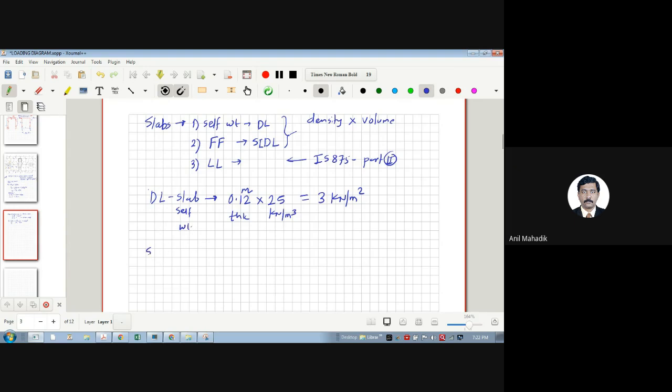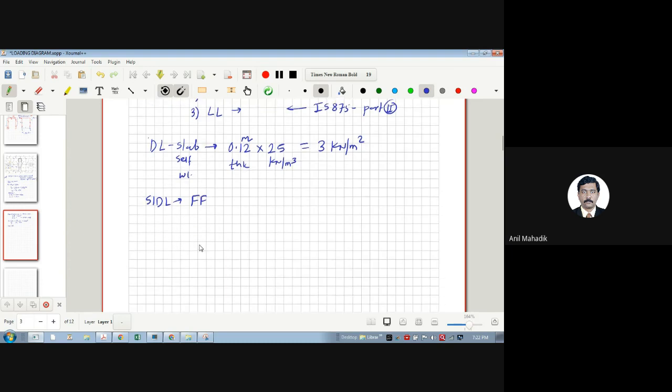Then SIDL. Now SIDL generally I'm saying floor finish. Whenever you consider floor finish, do you know that in floor finish we have a screed? If you have a slab like this, say this is your beam, this is the slab, you will provide one screed over here below the tiles, and above that there is a tile.